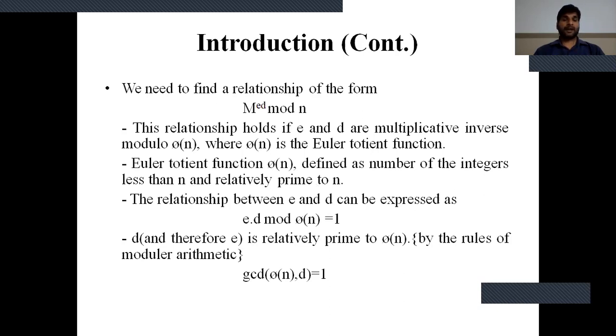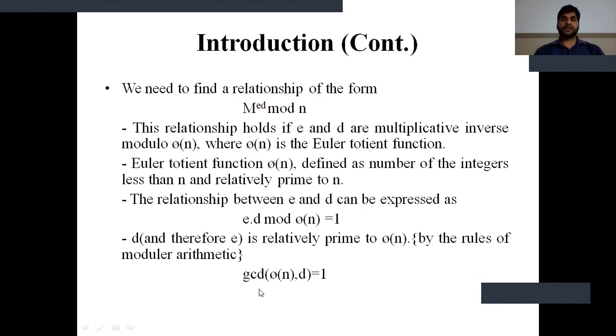The prime numbers and totient function we already discussed in the previous lecture. So the relationship between E and D can be expressed as E into D mod phi n equals 1. Therefore D and E are relatively prime to phi n by the rule of modular arithmetic.